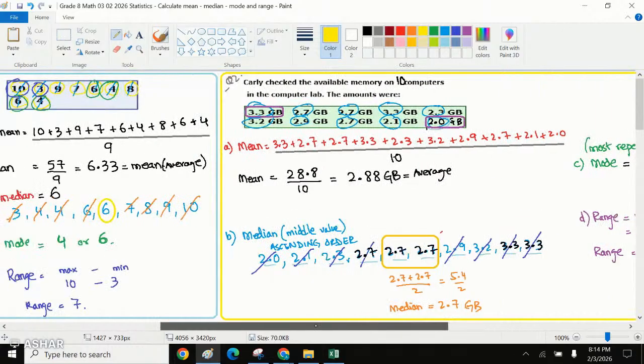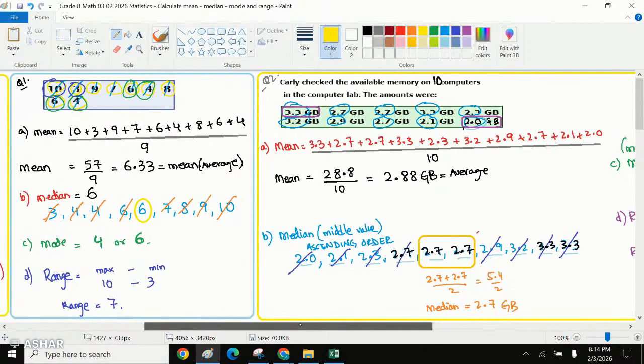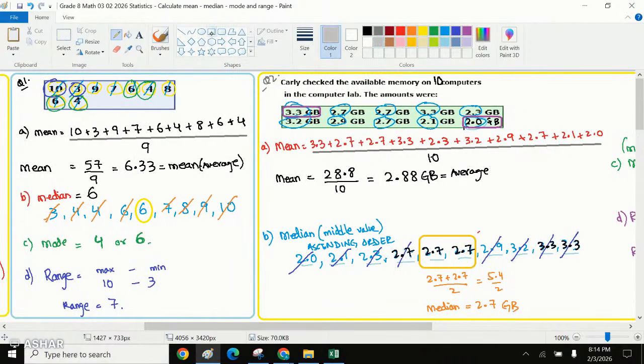Let's look at this comparison over here. In the previous question, the median was 6, right? Because there was only one number in the middle. But in this case, since there were two numbers left in the middle, in order to find the median, we take the average of those two numbers, okay?